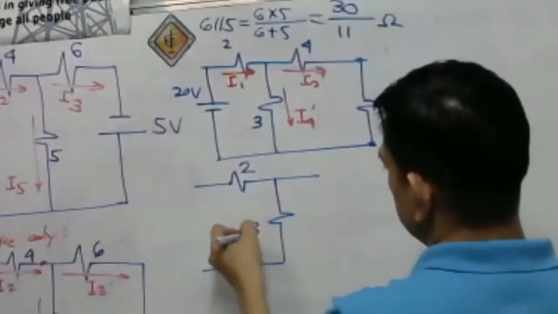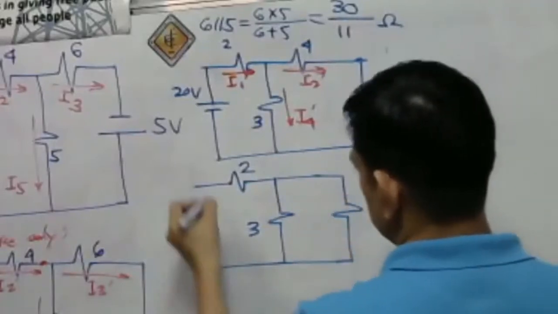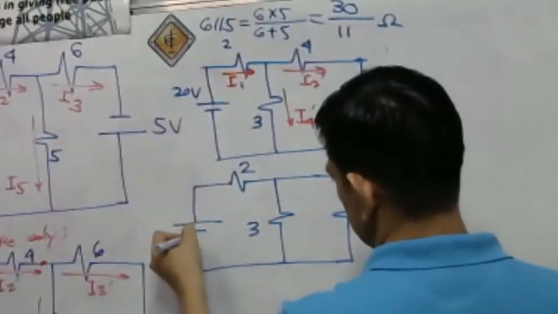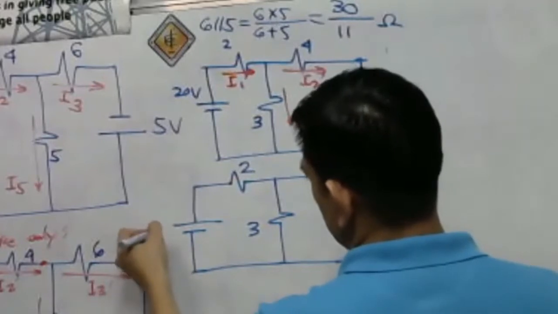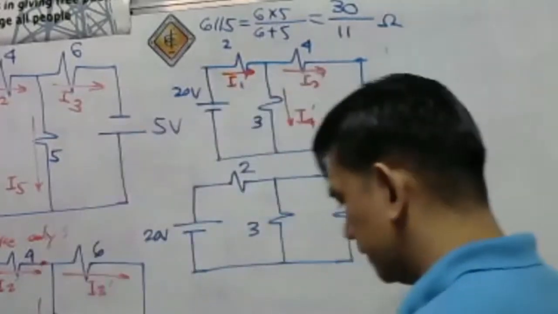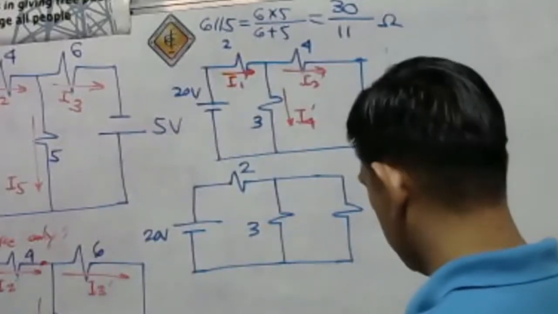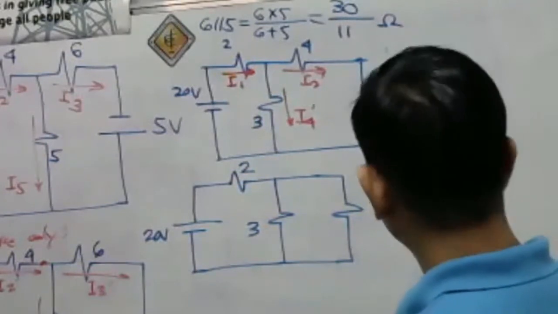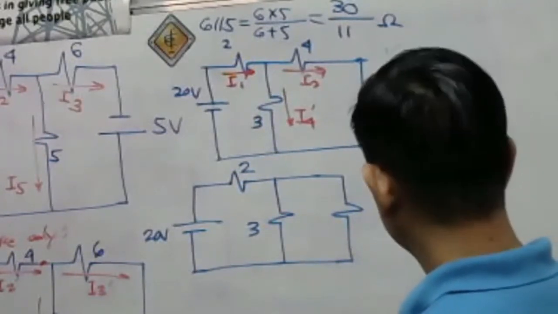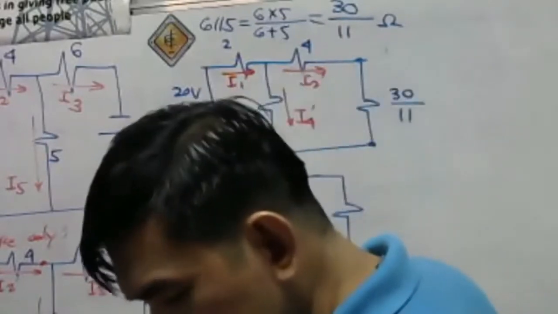This is 2 ohms, 3 ohms, and then we have to add the 2. This is the 20 volts. Then we have here our 4 plus 30 over 11. That is 74 over 11.